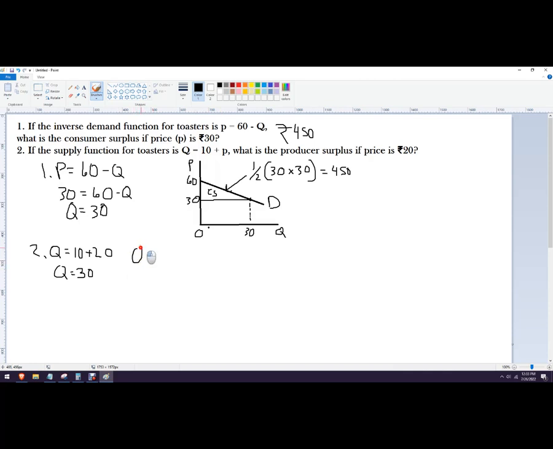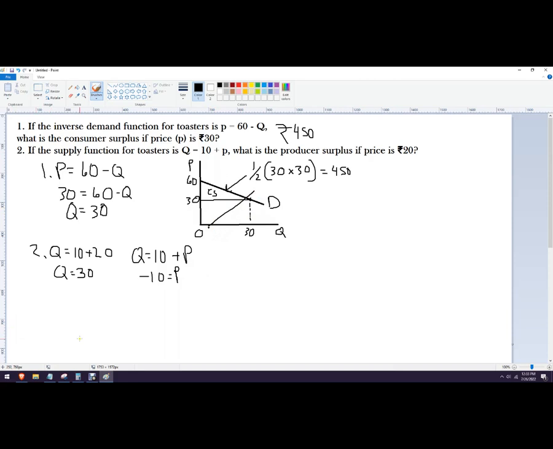So Q equals 10 plus P, and then if I have quantity 0, this will be -10 equals P. So that means that the intercept on the y-axis is going to be at -10, so it's going to be somewhere down here. Okay, so we want to know what the price needs to be. So it's going to look something like this.